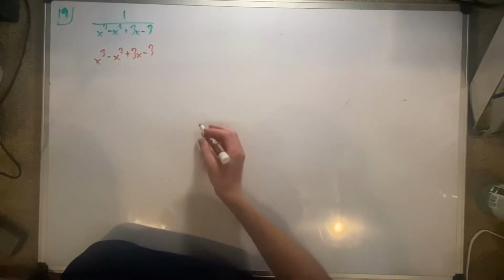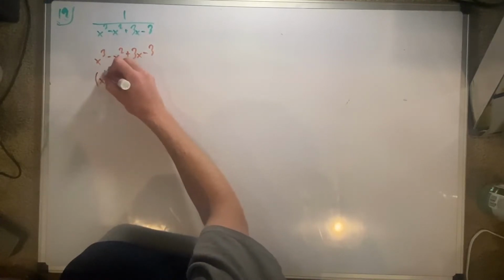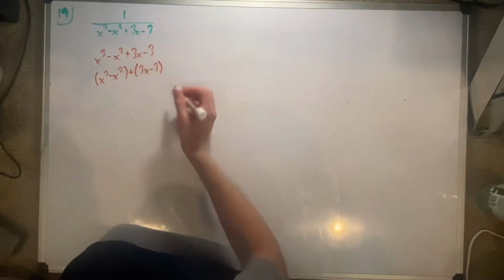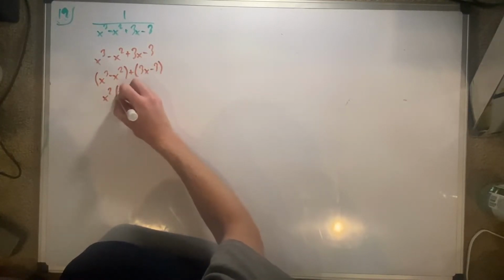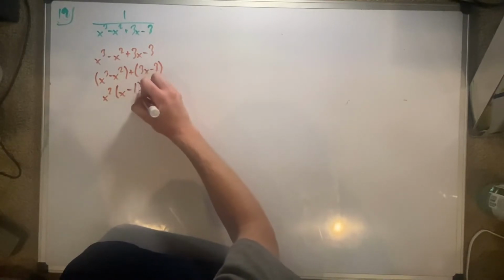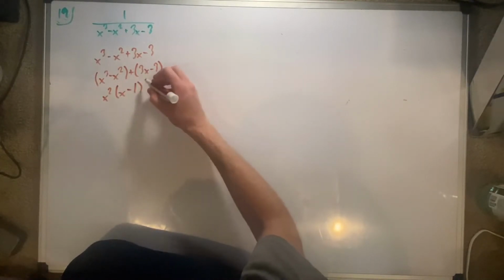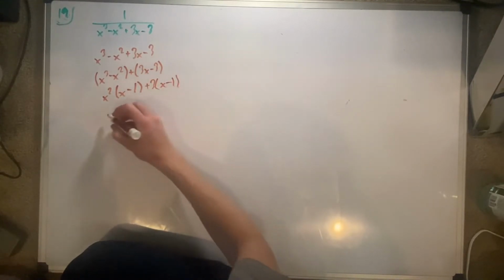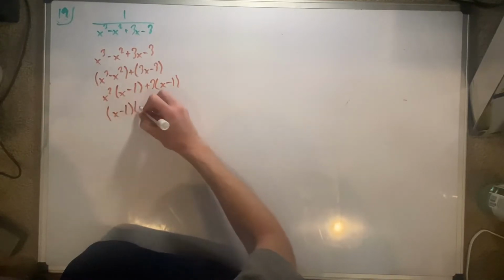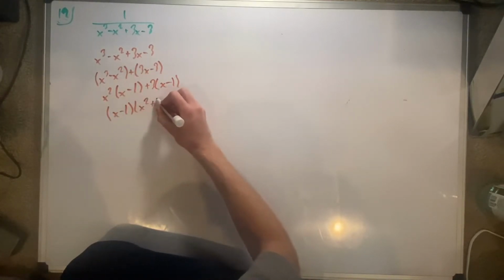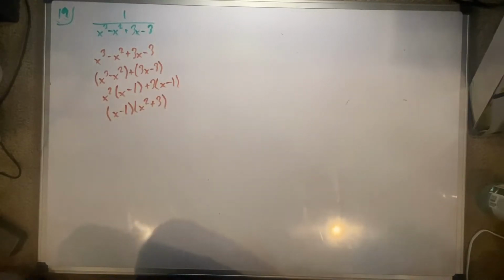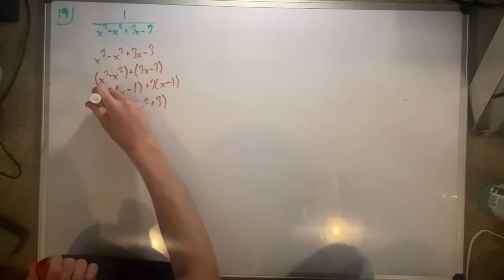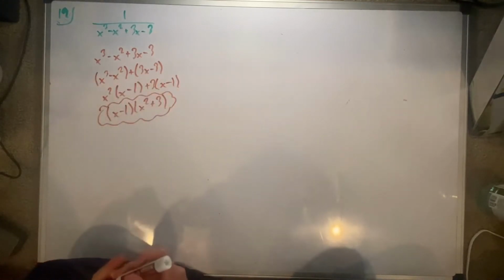If you don't realize, this can be factored by grouping. So we'll pull out an x squared, x minus 1, pull out a 3 here, and then we'll do our normal nonsense here. Okay. So these are our two bottom roots.